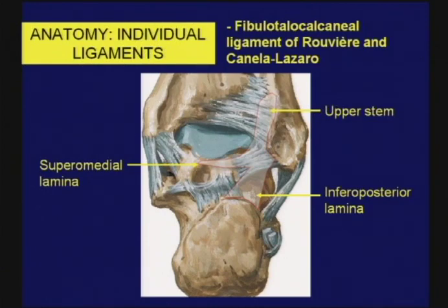We, again, have had research fellows who have looked into this. This is what it looks like. It has an upper stem, a superomedial lamina, and an infero-posterior. I wonder if it looks like a ligament because the aponeuroses that are seen back there become thickened. But if you go to the literature and look it up, you will see some articles that indicate it is important.